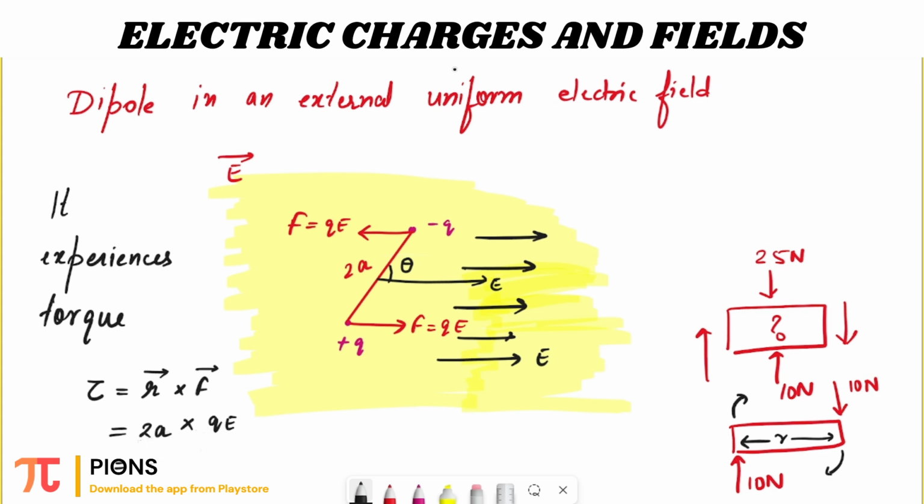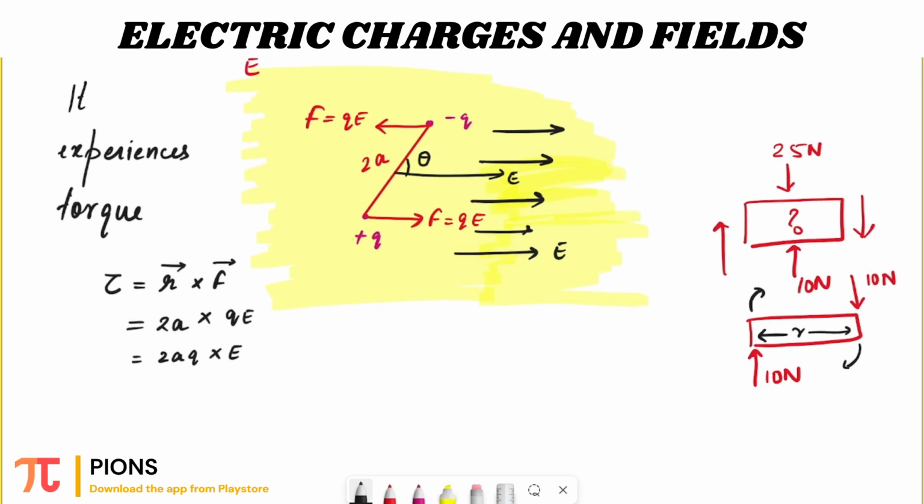Now 2A into Q, 2A can be directly multiplied with Q. We can pair it up with Q. Why? Because Q is a scalar quantity. So we can't directly make it as 2AE, but we can make it as 2AQ cross product with E. Be very careful, this is not multiplication, this is cross product. So 2AQ is nothing but P cross E. And P cross E is nothing but PE magnitude.